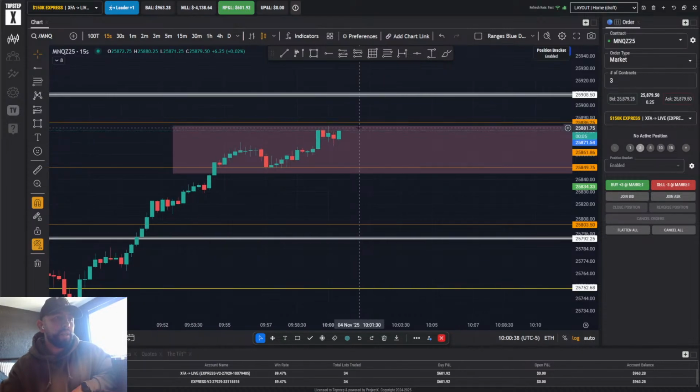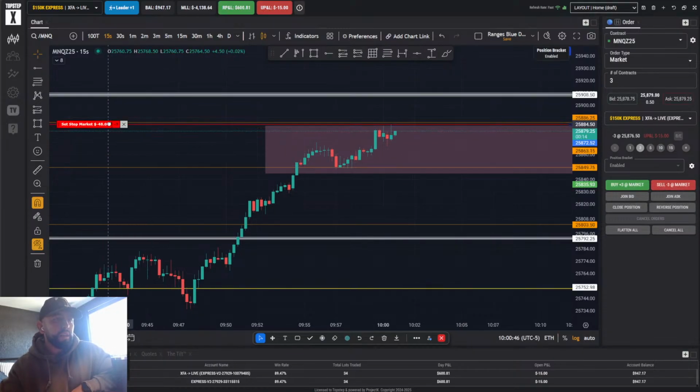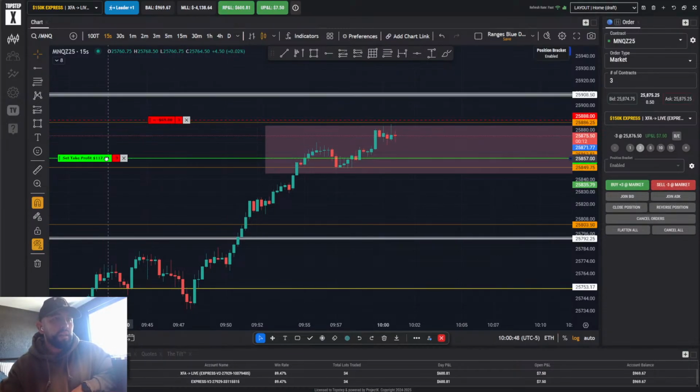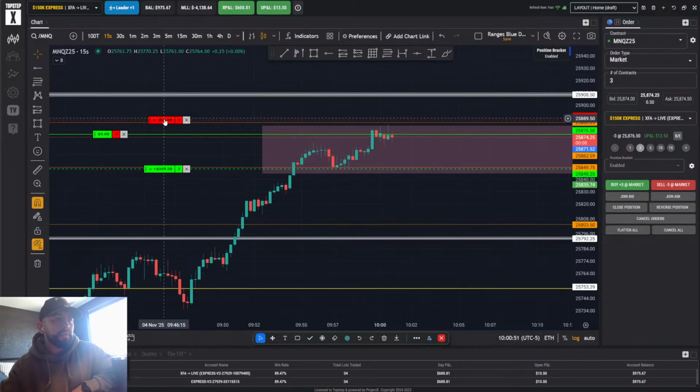I'd be selling the top of the range, with my stop just above the high. So now I would go short here and possibly target down here, just something small.